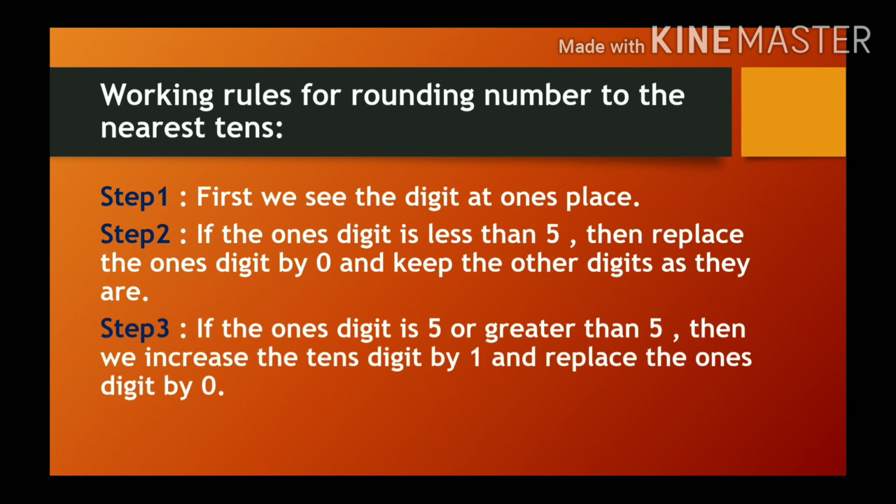Step 3: If the ones digit is 5 or greater than 5, then we increase the tens digit by 1 and replace the ones digit by 0. It will be more clear with some examples.